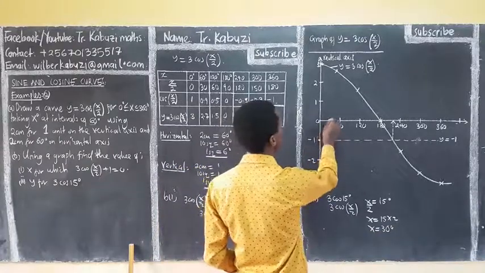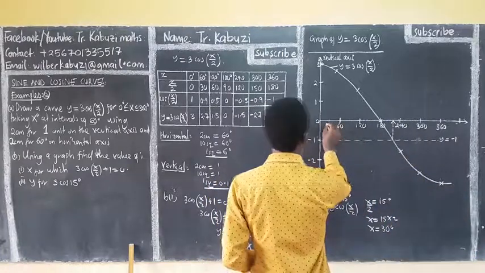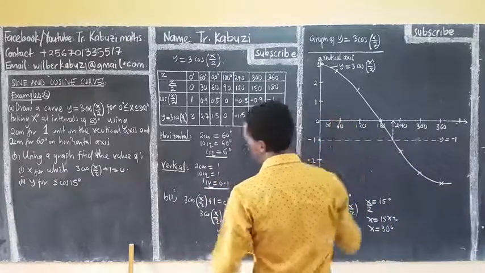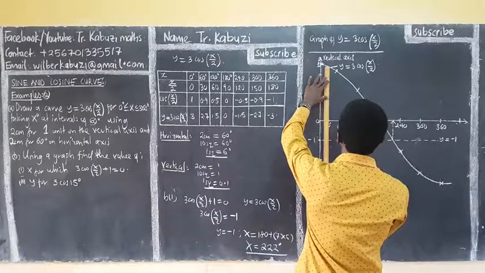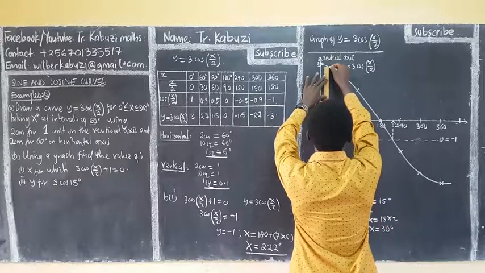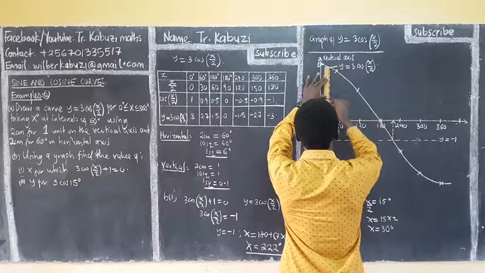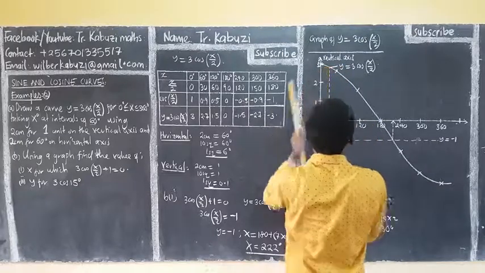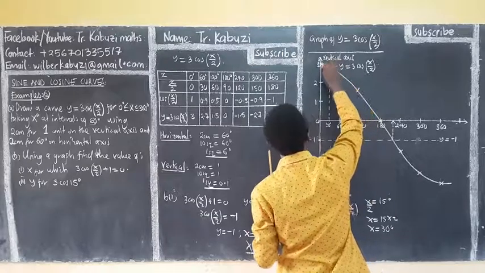Now if my x is 30 degrees, I come where 30 is. This is where my 30 is. Then I read off that on y. So I draw a line that is touching my curve. So that's my line. Then this is going to be the value of y I'm going to read off.